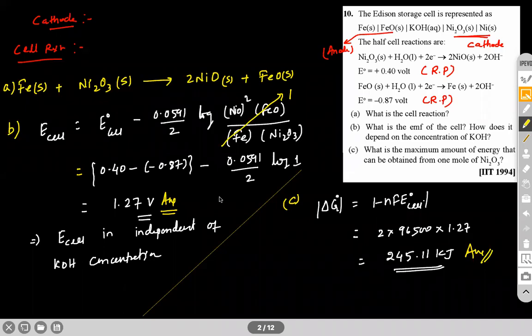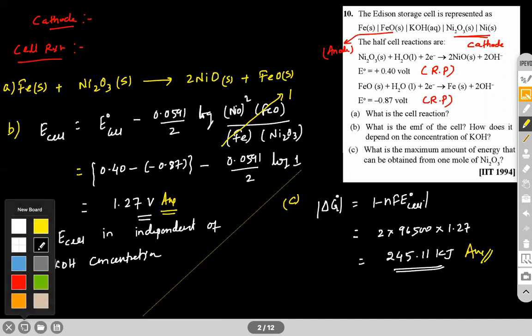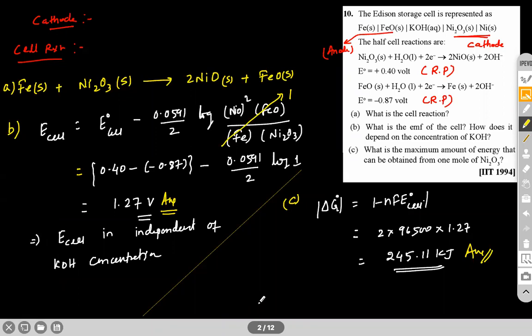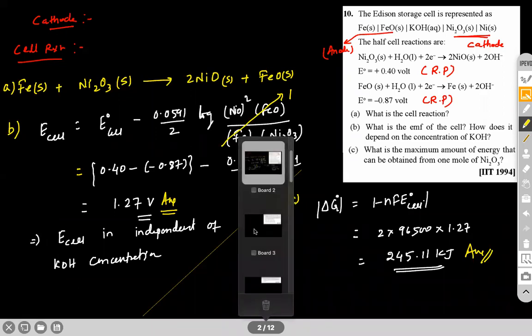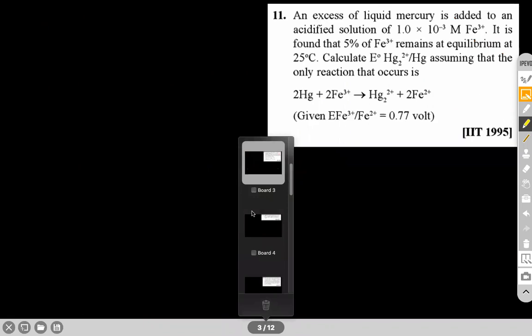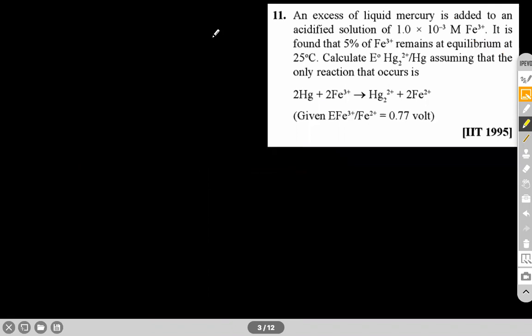Okay, so this is the question we have discussed, the second one. The next one you see: an excess of liquid mercury is added to an acidified solution of this molar Fe3 plus.